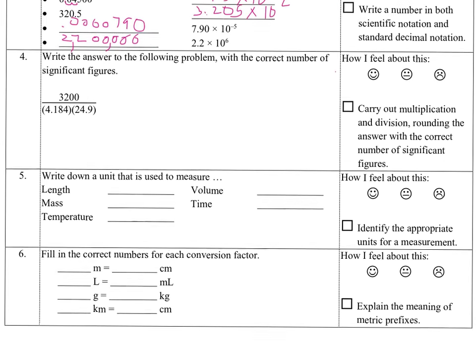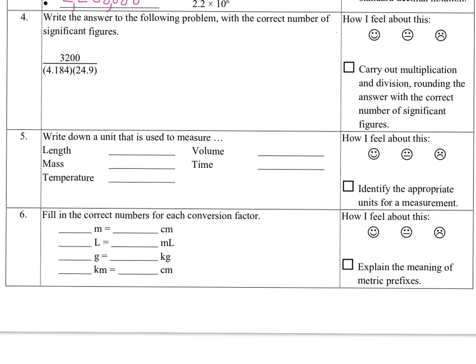Number 4. Need my calculator to do this. I'm just going to do the math on my calculator. So 3200 divided by 4.184 divided by 24.9.